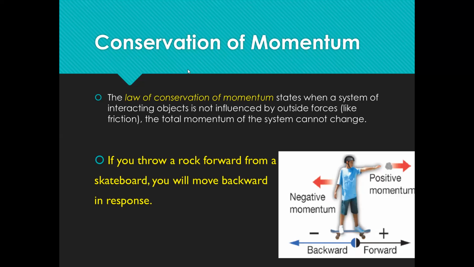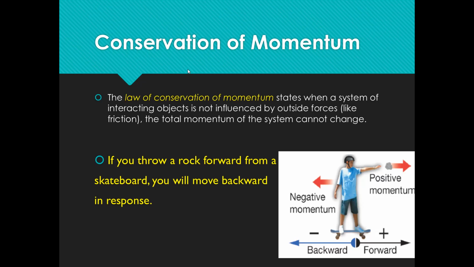So the momentum before he is throwing the rock is 0. After he throws the rock, the total momentum of the rock and of his body is 0. That means the momentum of the system cannot change. The momentum before equals the momentum after.